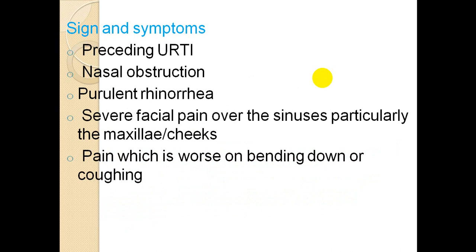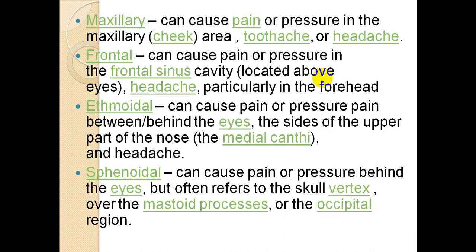The clinical features of acute sinusitis: usually there is a preceding upper respiratory tract infection, nasal obstruction, purulent rhinorrhea, severe facial pain over the affected sinus, pain which is worse on bending down or coughing. In acute maxillary sinusitis, usually there is pain or pressure over the maxillary area or the cheek, toothache or headache.